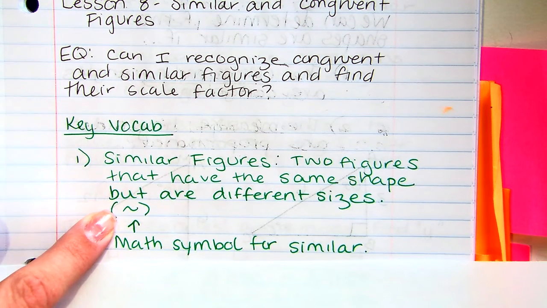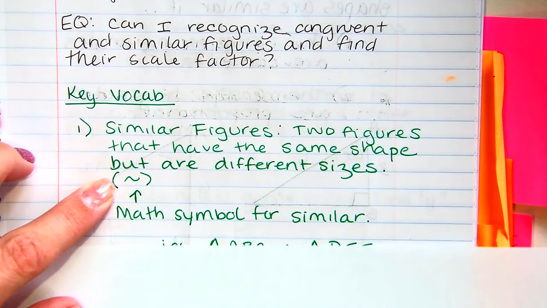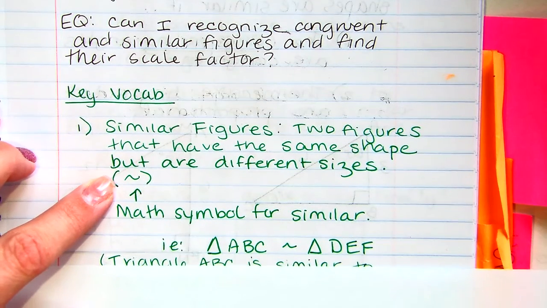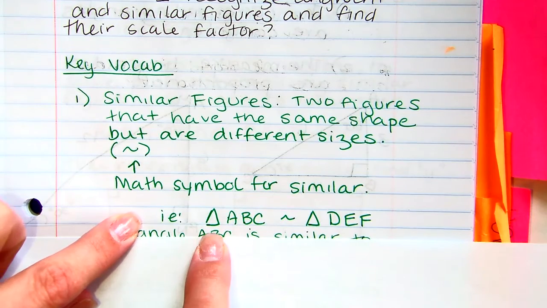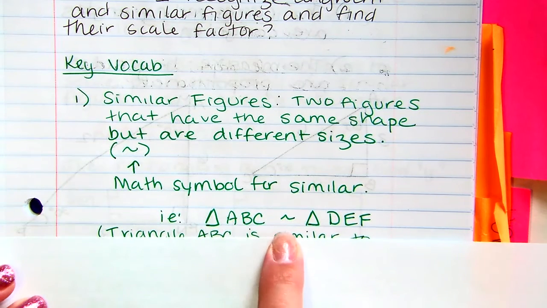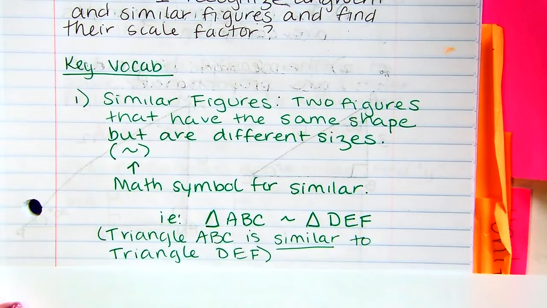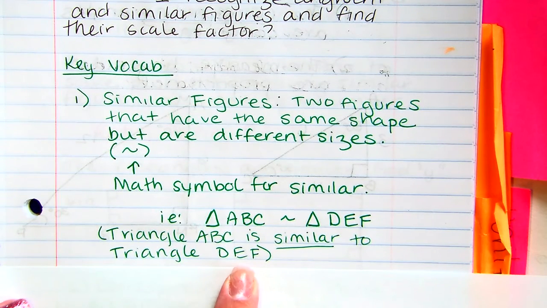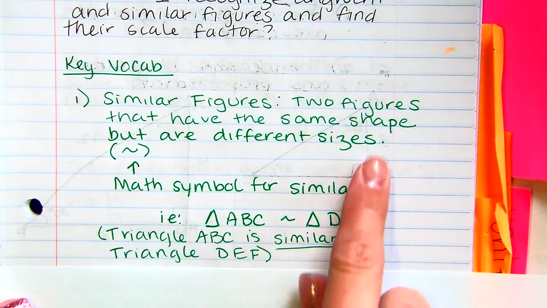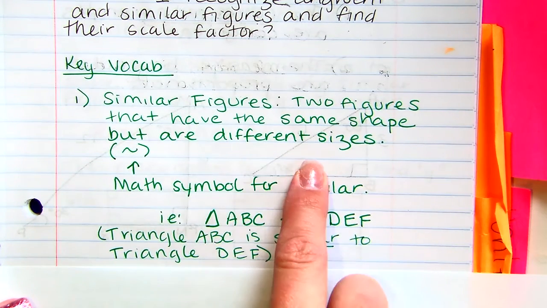So when we talk about a set of similar figures and we're writing out mathematically what they would look like, an example would be triangle ABC, and again, that's our symbol for triangle, is similar to triangle DEF. Now again, in words, that means that triangle ABC is similar to triangle DEF. And again, similar figures are two figures that have the same shape, that's why they're both triangles, but are different sizes.